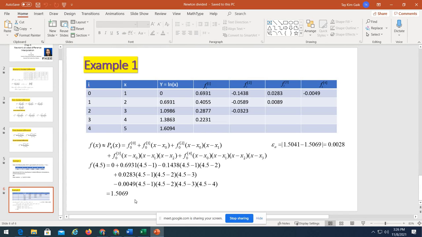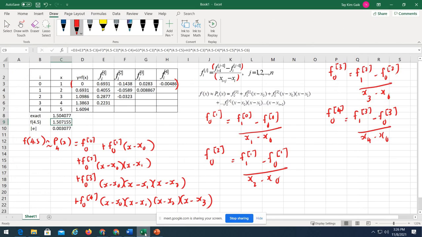Okay, 1.5069, 1.5069. Because here each Newton divided difference value is rounded to 4 decimal places. So you want to tally with the answer, but in Excel here, if you didn't do anything, it takes up all the decimal places.